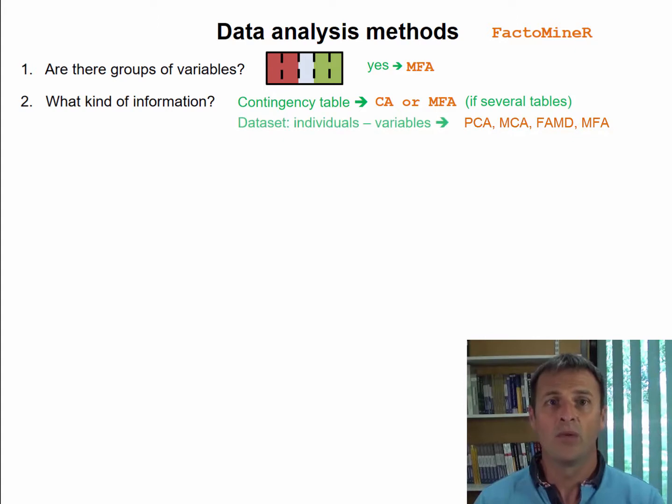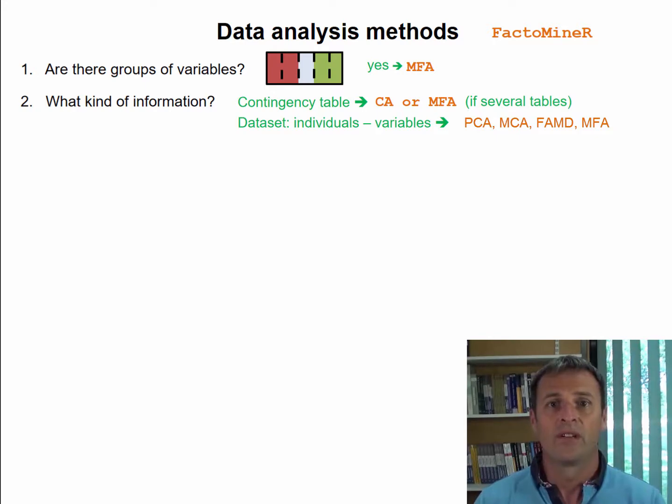Or is it a table with individuals lined up against variables? Individuals are described by several variables, and thus, according to the type of the variables, there are different methods. We can think about doing PCA if variables are quantitative, MCA if variables are qualitative, FAMD if variables are of both types, or MFA if variables are structured in groups.